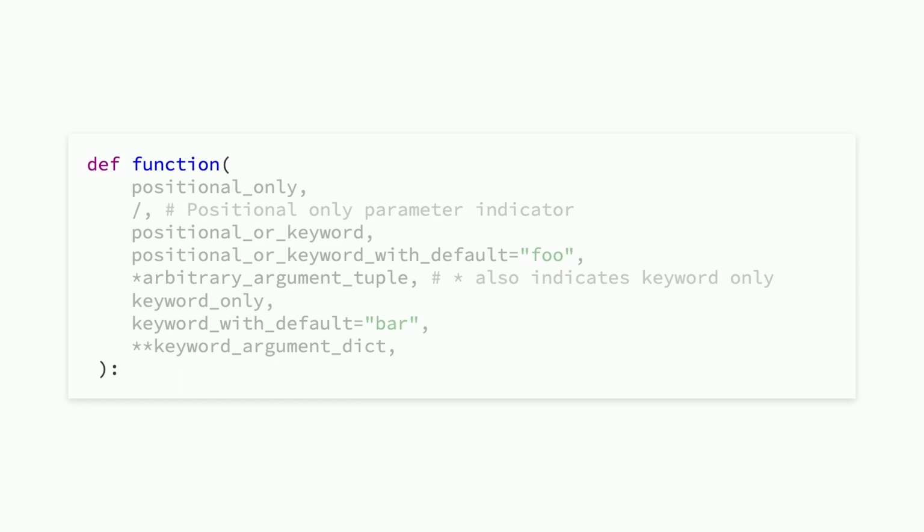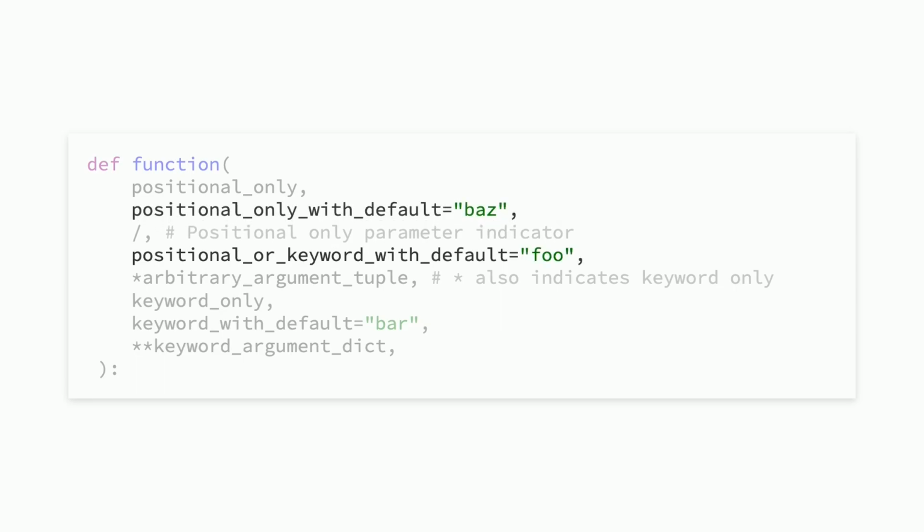And so to recap, this is Python's beautiful function, argument, and parameter system. The / special parameter marks that the previous parameters are positional only. There's also the standard parameter that can be positional or keyword and can also be set with a default, as can positional only if they and all other positional arguments are also given defaults.